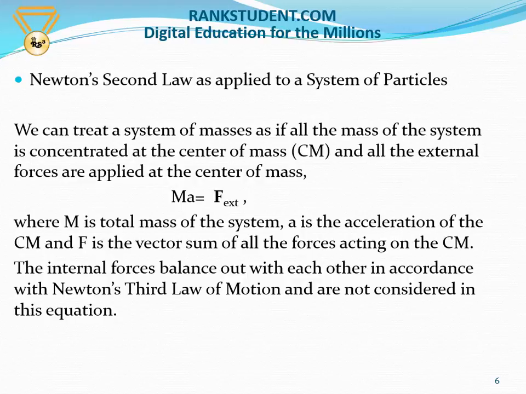Now let's look at Newton's second law as applied to a system of particles.